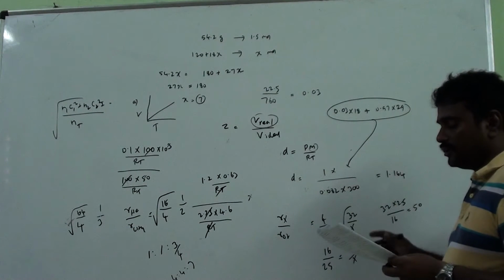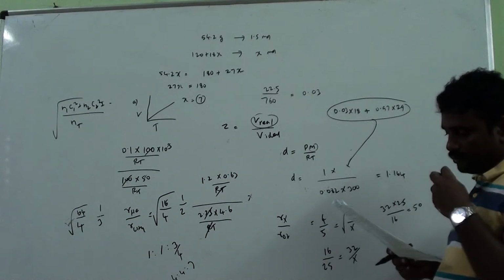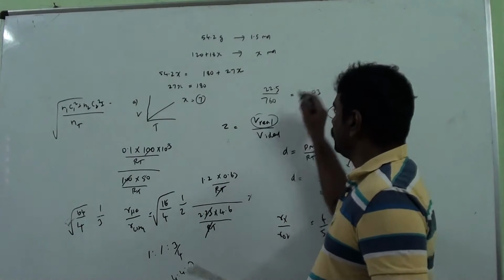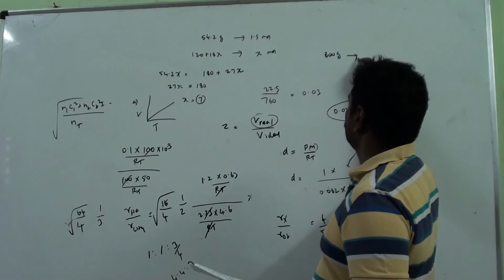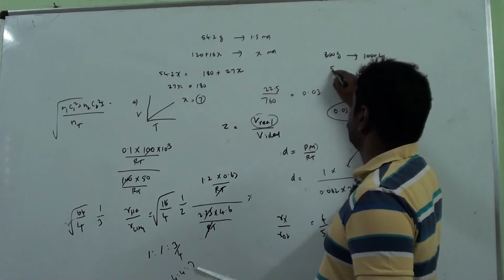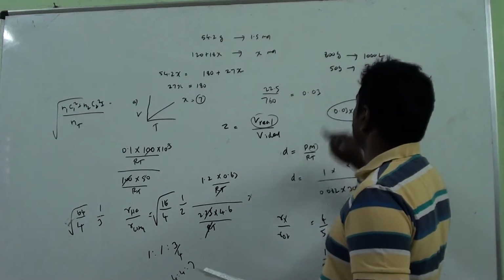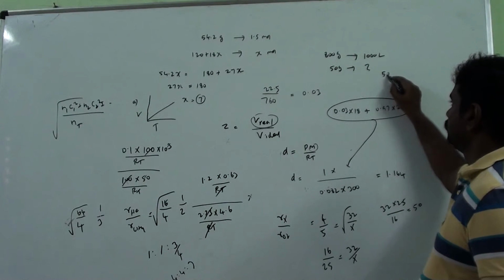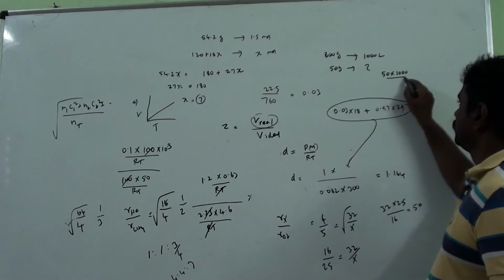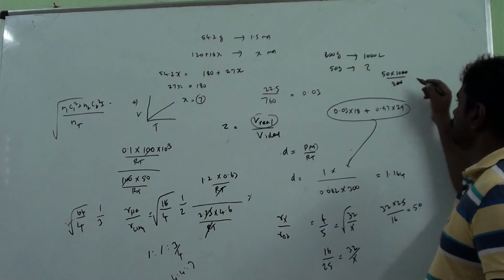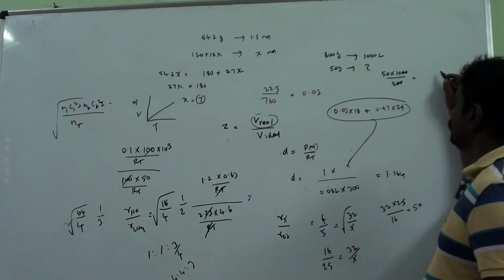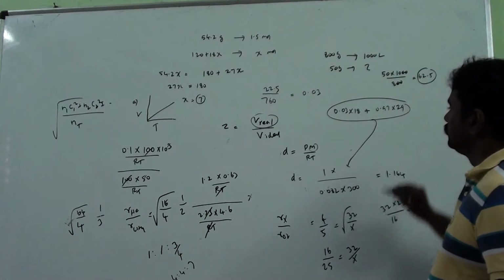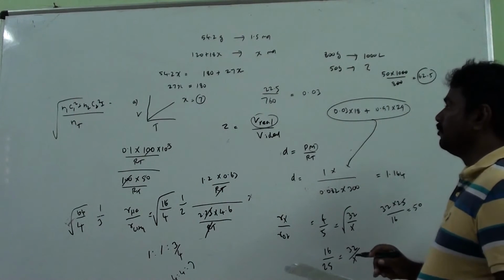For this, 0.8 kg is 1000 liter, that is 800 gram equals 1000 liter. But 50 gram will be how much? 50 into 1000 by 800, that is 62.5. This is the real volume.